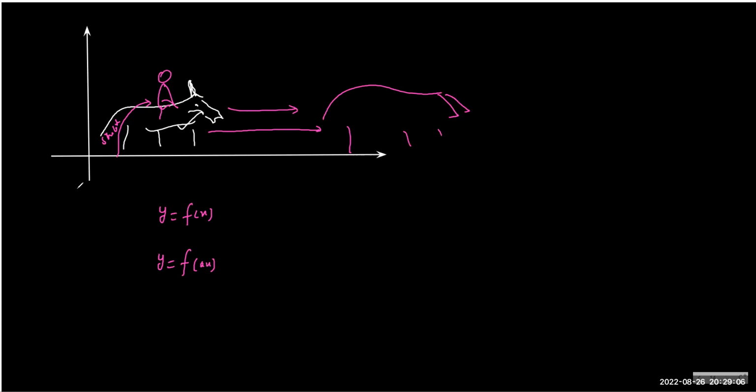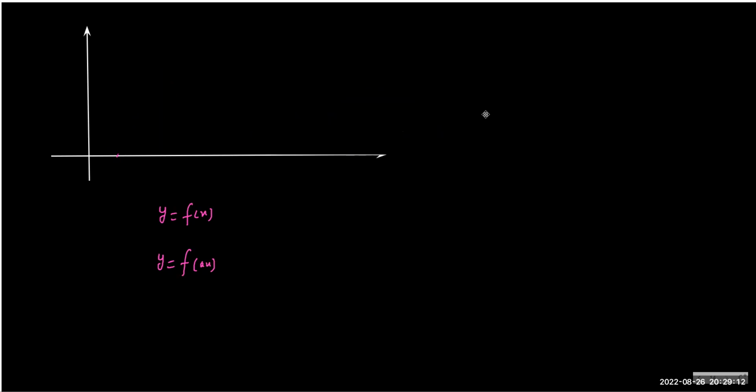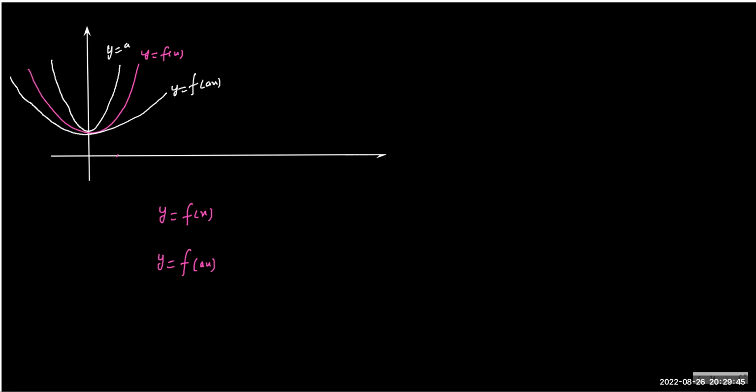To give you a simple example, I'll take a different example. If I draw any graph, let's say this is the graph representing y equals f(x), then when you change the input variable, this will only either shrink the graph or expand the graph. That is the meaning of scaling. So this is y equals f(ax).